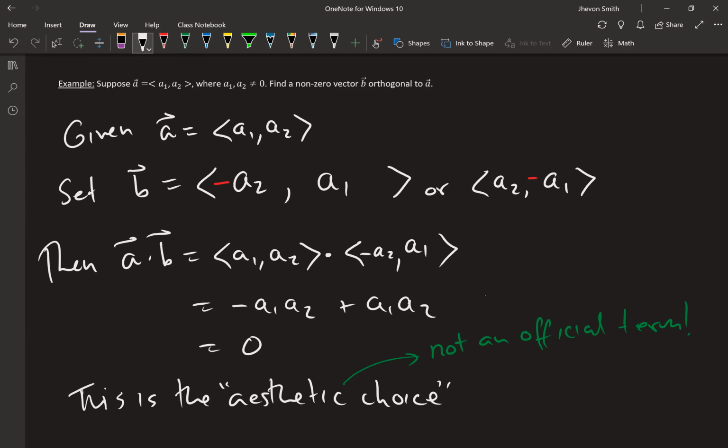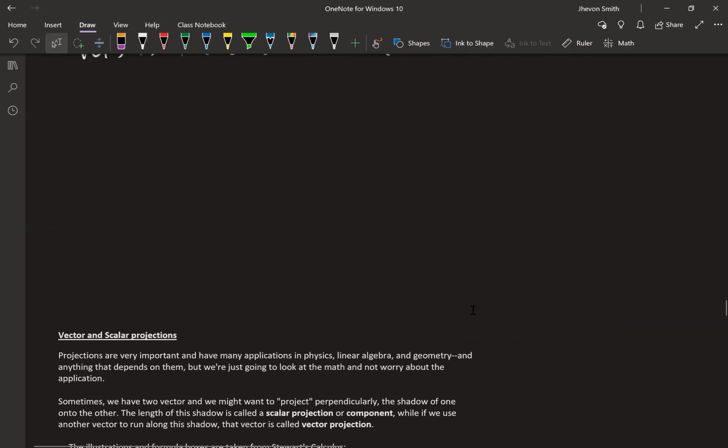But later on, I'm going to mention something where, oh, you can make the aesthetic choice. And I'm talking about making a choice like this. Just rearrange the things in such a way and put negatives strategically on them. Don't scale anything or anything like that, but put a negative on some of the components, and it'll cause things to work out very nicely, right? So from here on out, this will be known as the aesthetic choice. I'm going to mention this at some point later on, but yeah.